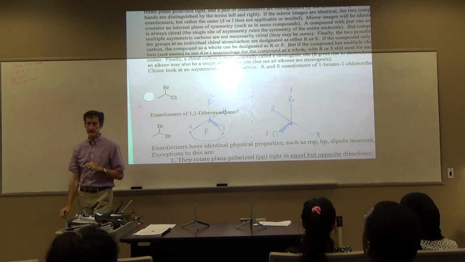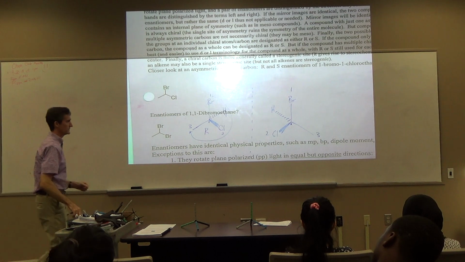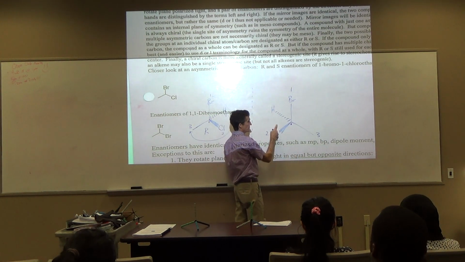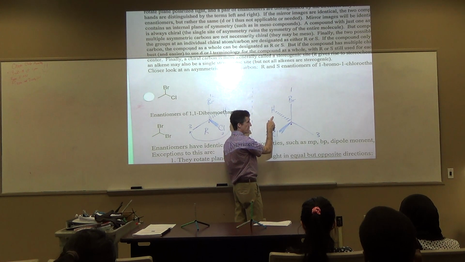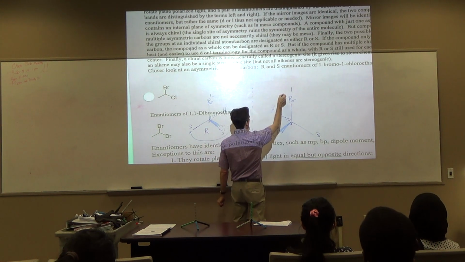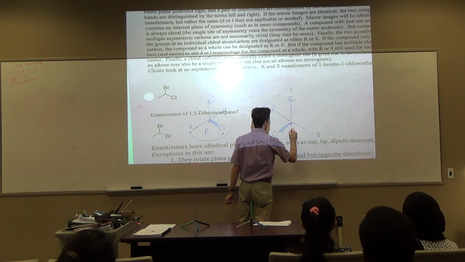Is it going back? Yes. Then we can do the clockwise or counterclockwise. Where's the low priority group? Is it going back? Yes, it's also going back. So with the low priority group going back, is the 1, 2, 3 clockwise or counterclockwise? Counterclockwise. And that is what? S.